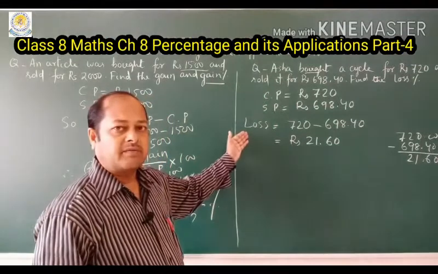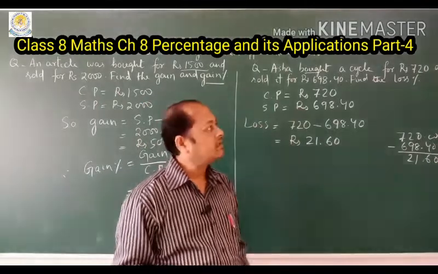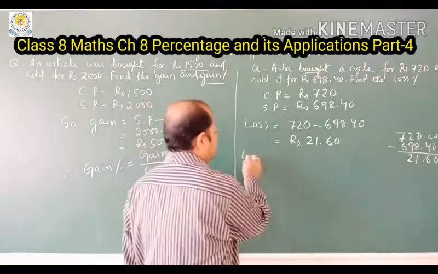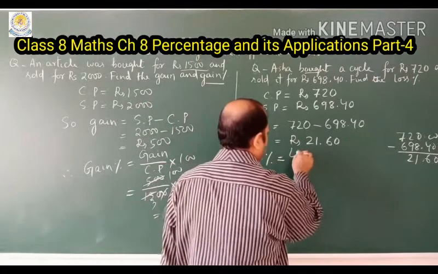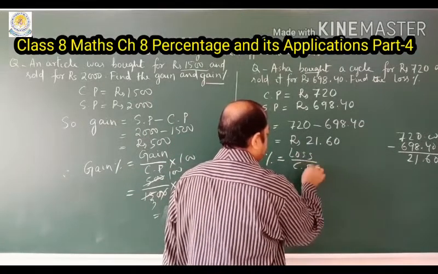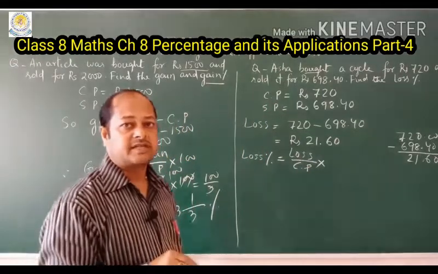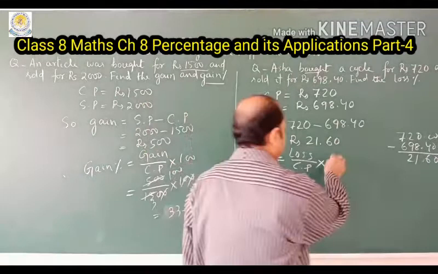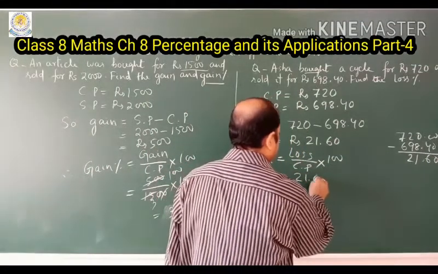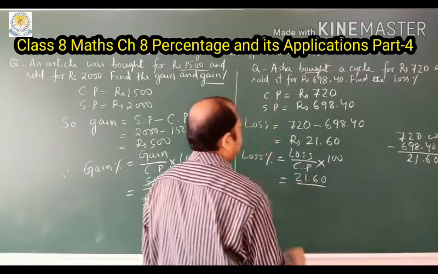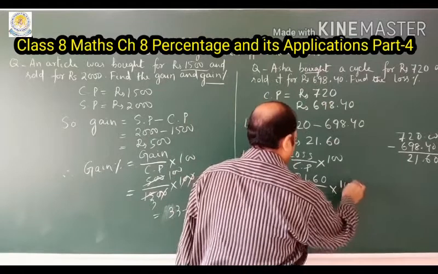Now we have already got the loss. So the next part of the question is asking to find out the loss percentage. So what is the formula of loss percentage? Loss percentage equal to loss upon cost price into 100. Always profit and loss are calculated upon the cost price, remember that. So 21.60 upon cost price. What is the cost price? 720 into 100.